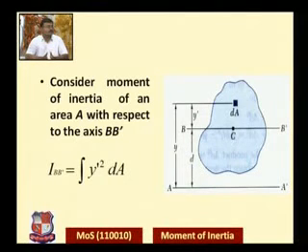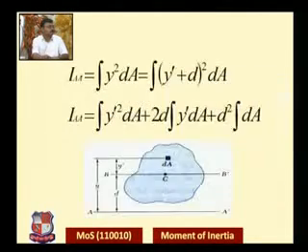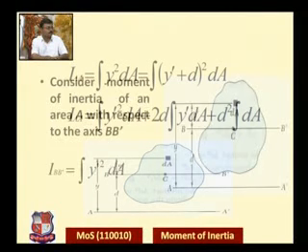Here dA is the area of the element and y' is the distance of that element from the centroidal axis. So in general I_BB' is integration y' square dA. So in the first term of the second line of the equation, that is integration y' square dA, we can substitute the value I_BB'.